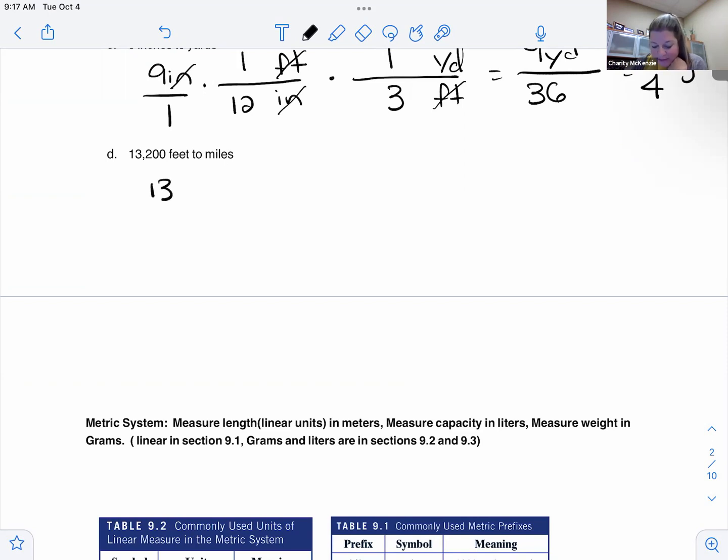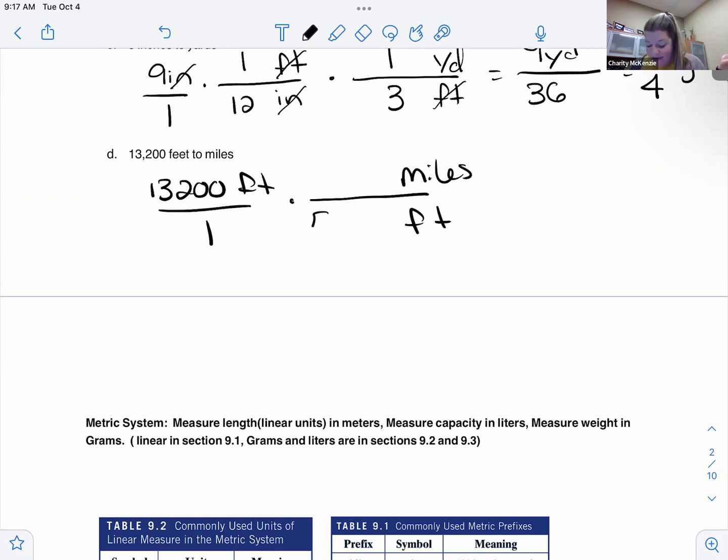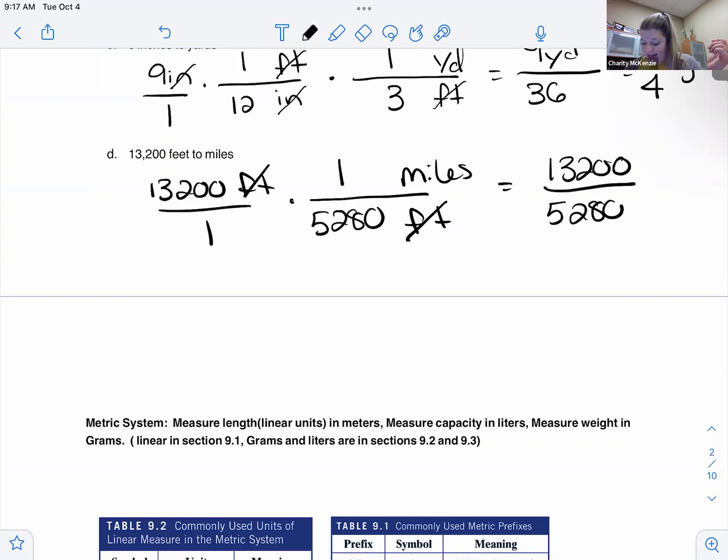So I'm going to write down our 13,200 feet, and again, over 1, and then I'm going to times it by feet here. Goal is here, miles. And there was 5,280 feet in 1 mile. Okay, so then our feet will cancel, and we're going to times across, and I end up with 13,200 over 5,280, and now I just have miles left.